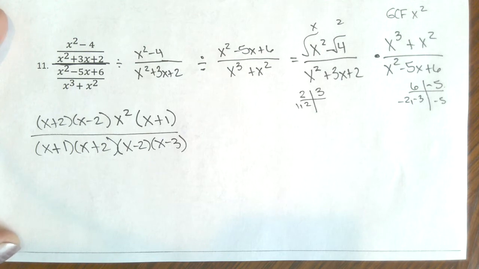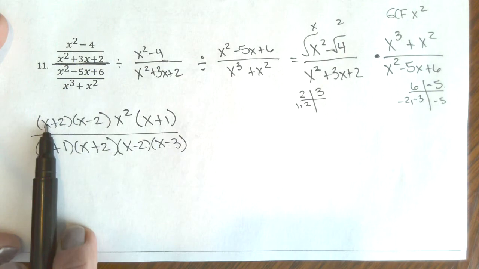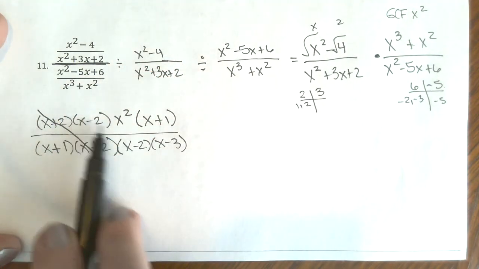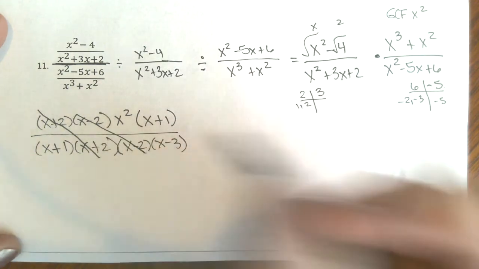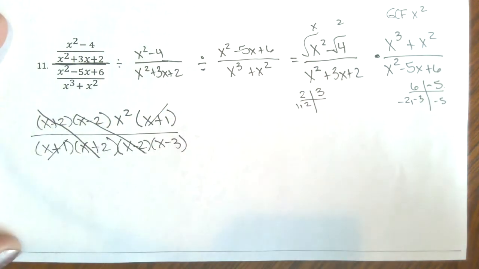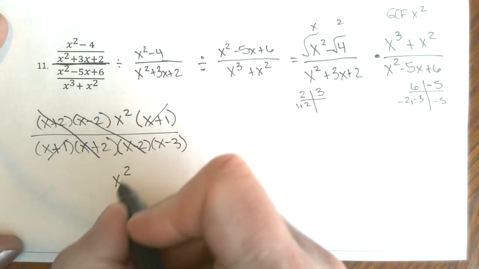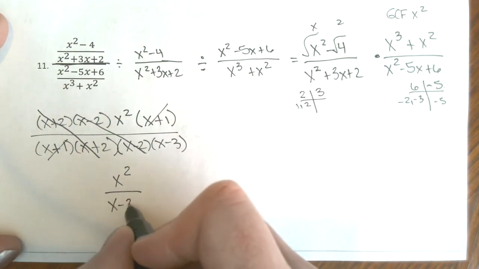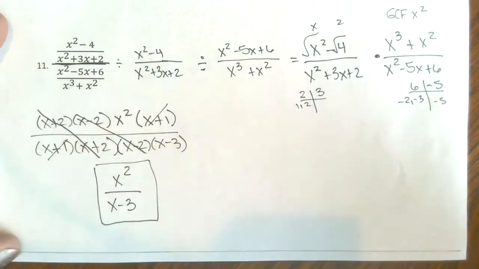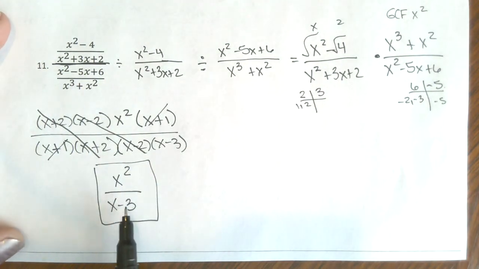Now everything is fully factored. Now I can cancel. All right, do I see an x plus 2? Yep, those cancel. My x minus 2's cancel. My x plus 1's cancel out. And I'm left with x to the second over x minus 3. This is my good final answer.